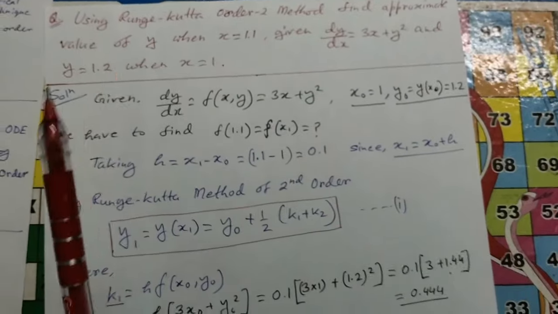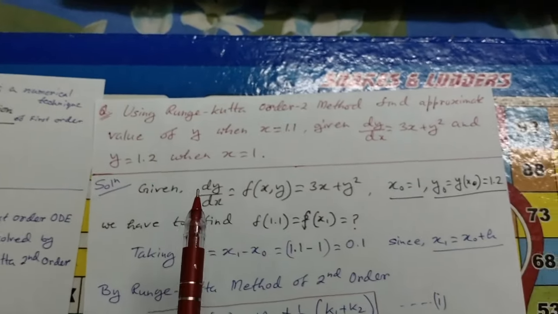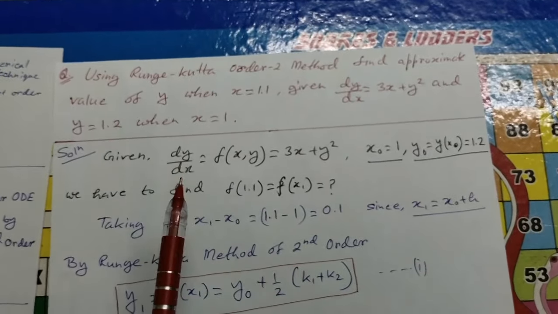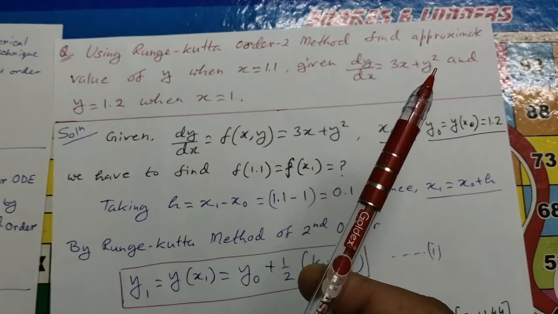Now coming to the solution, it is given that dy/dx equals 3x plus y squared.